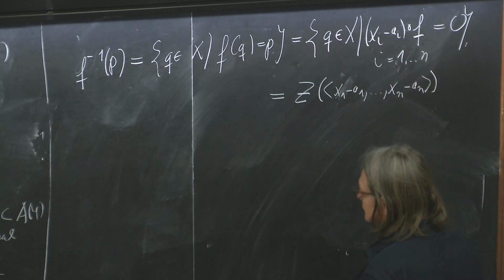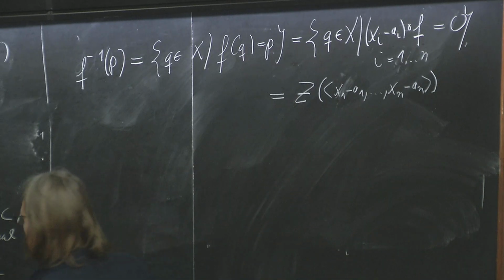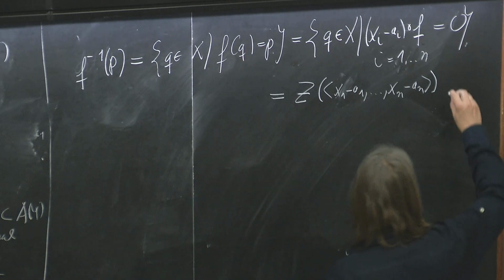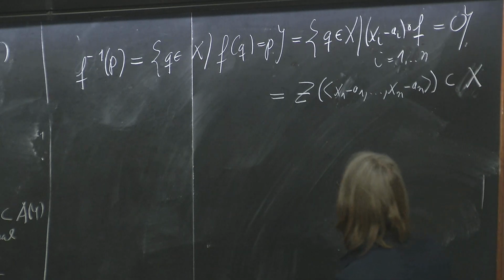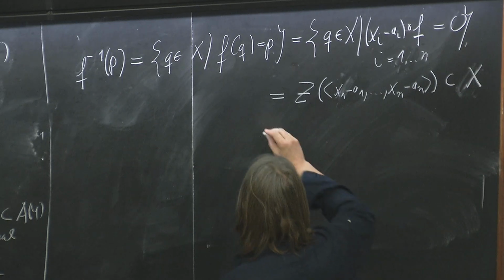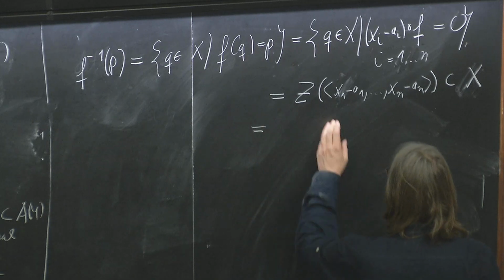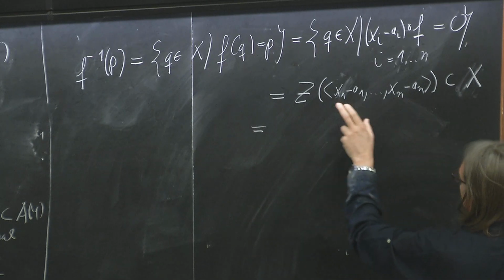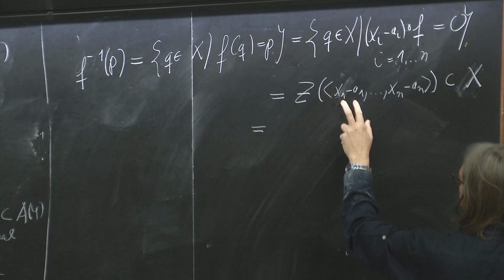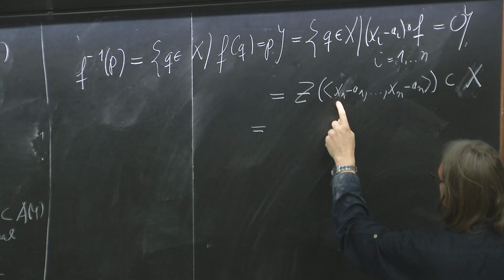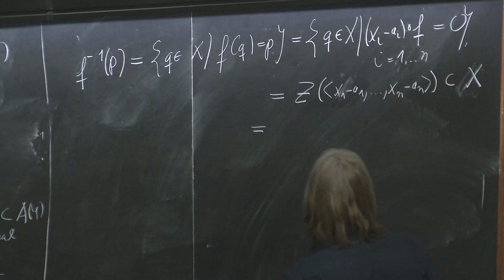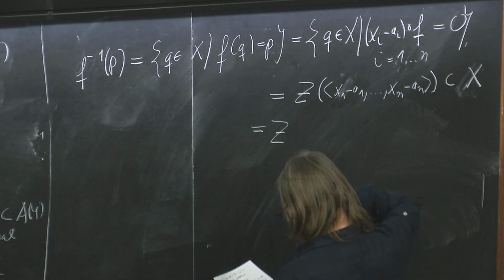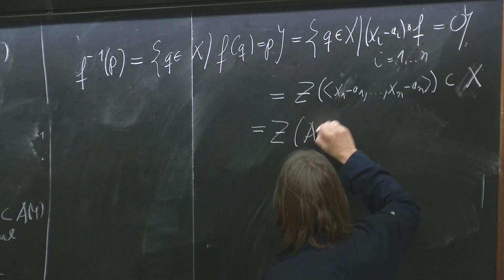But now the zero set is in X. And so we take the zero set of these elements, which is the same as the zero set of the ideal generated by it in AX. And so this is Z of AX M.